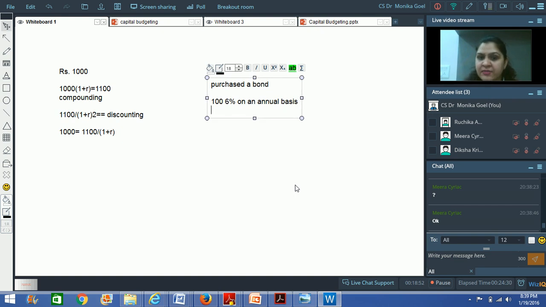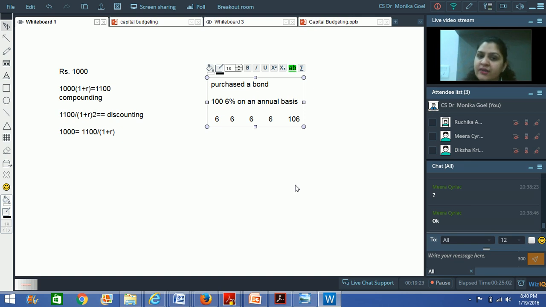If the life of the bond is 5 years, you are going to get 6 rupees every year for the next 4 years, and at the end of the 5th year you would be getting 106 rupees because you would be getting your principal amount back also.